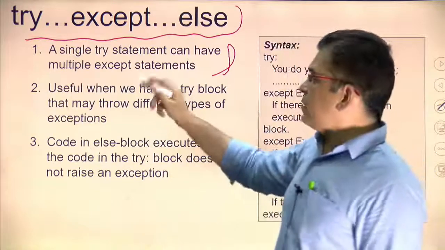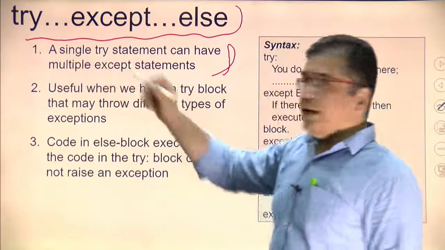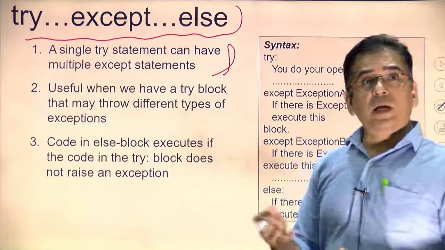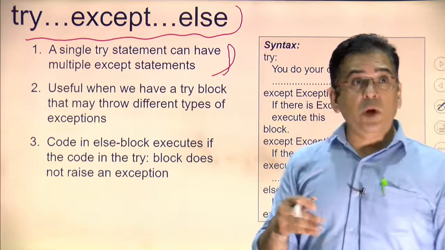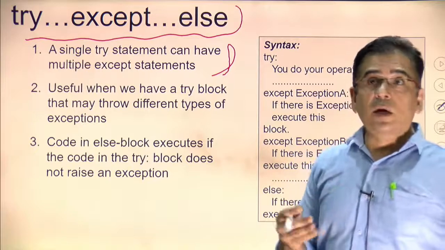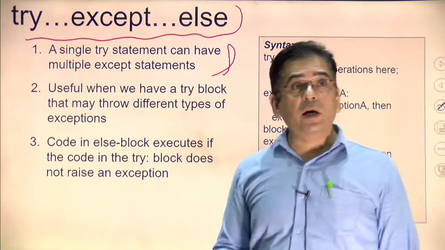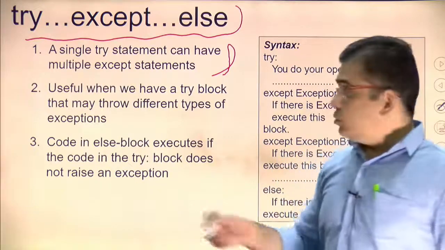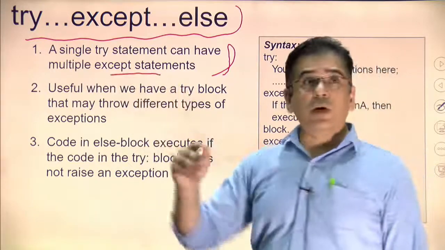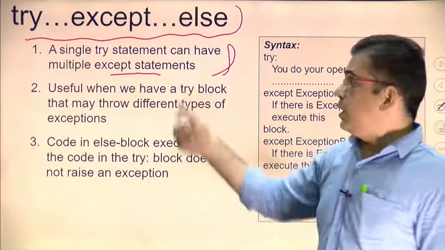So in try, except, else, a single try statement may have multiple except statements. This means a single try statement can handle multiple types of expected errors. A single try statement may contain an IO error or arithmetic error or runtime error. So any number of except blocks can be defined for a single try statement.